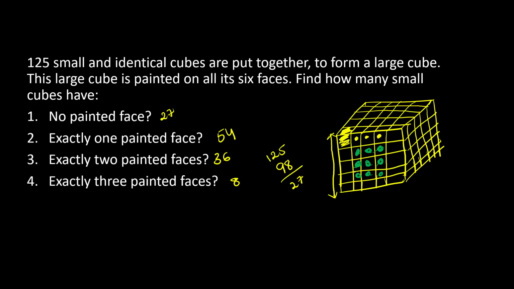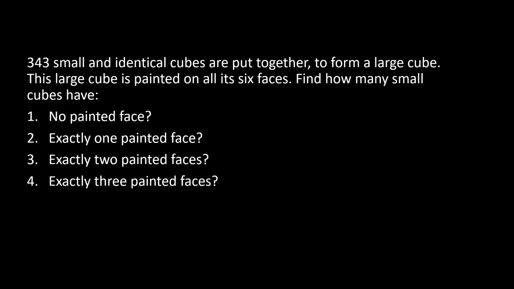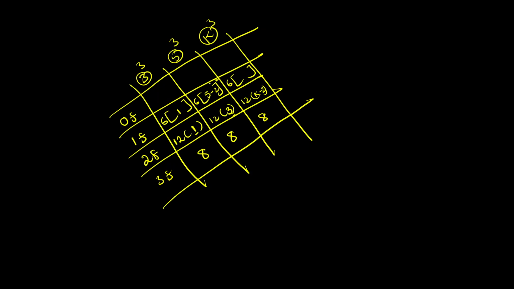You ignore 2 through the y-axis, and you ignore 2 through the x-axis. In the same way, for 5 by 5 by 5, you will find 5 cubes through the x-axis, you need to leave 2, that's 5 minus 2. Same is the case with the y-axis, that's 5 minus 2. So 6 into (5 minus 2) whole square.